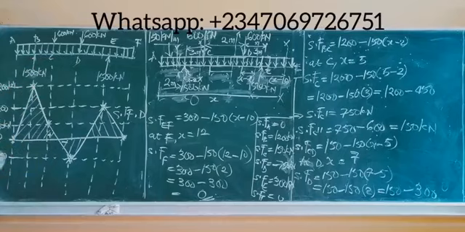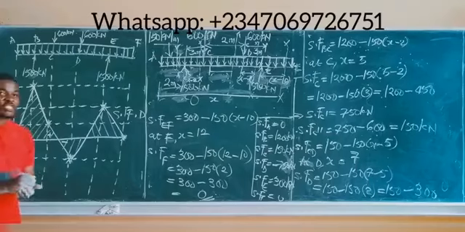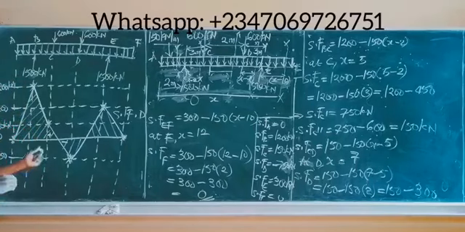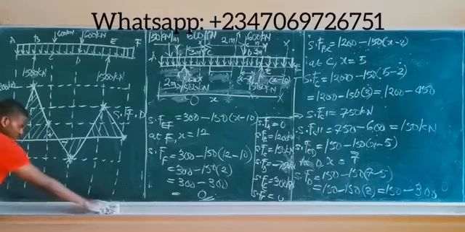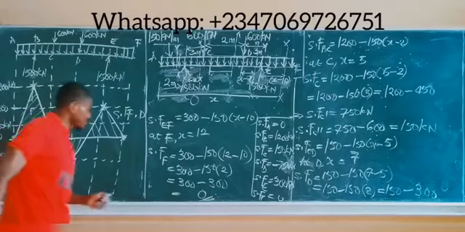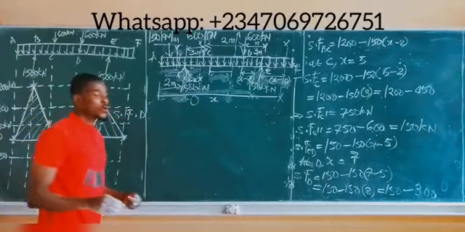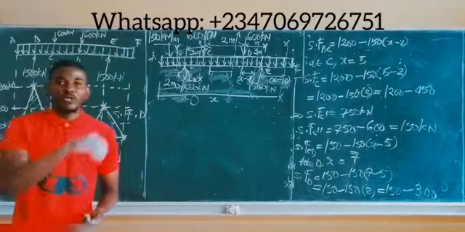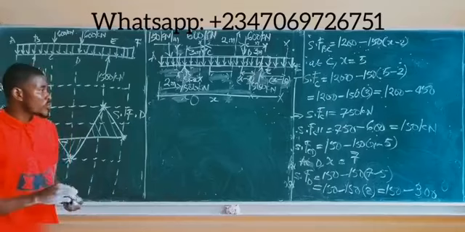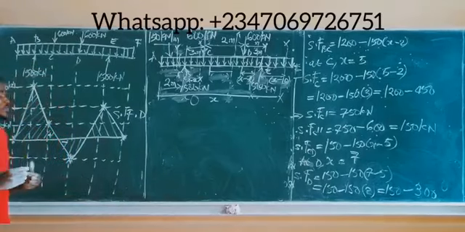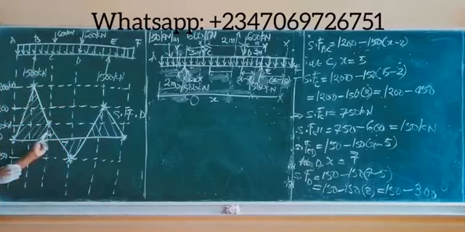So to find the maximum bending moment, we will look for the shear force equation between point C and point D and equate it to 0. So we are going to do that now before we go into the bending moment analysis. We are also asked to find the point of maximum bending moment. I said the point where shear force changes sign from positive to negative is the point of maximum bending moment.